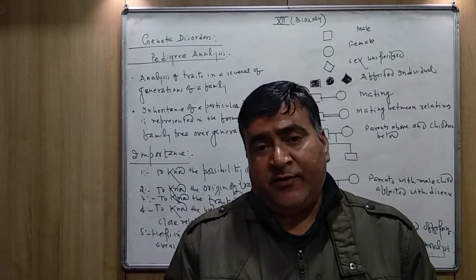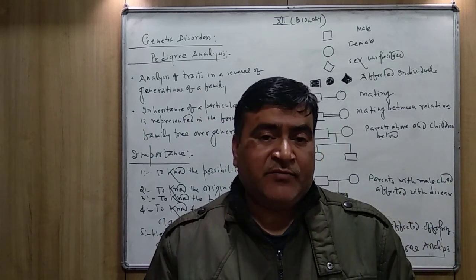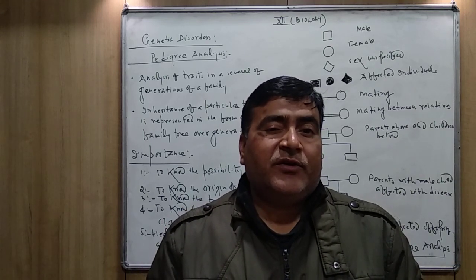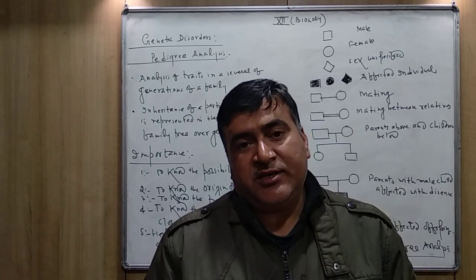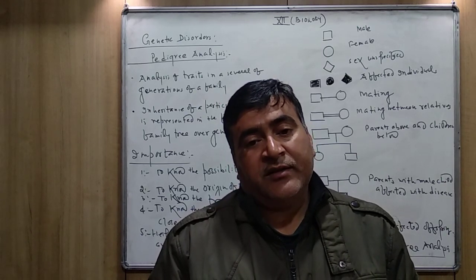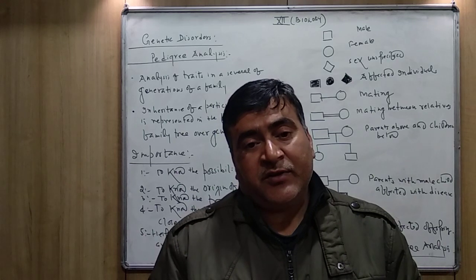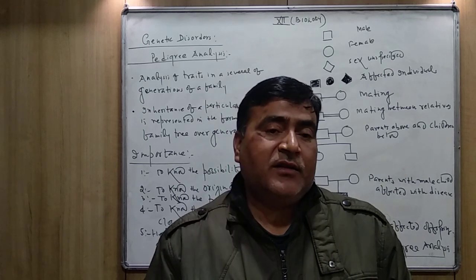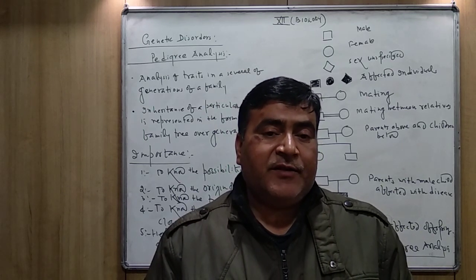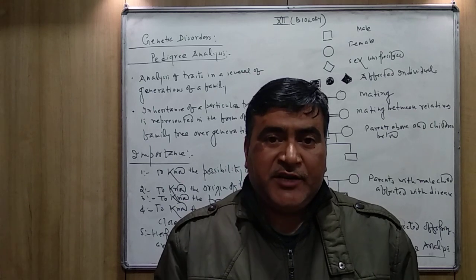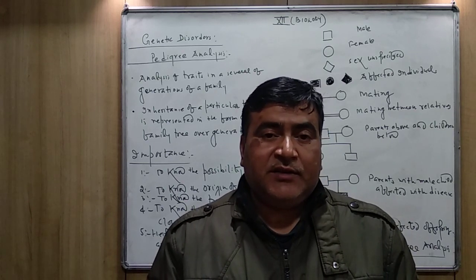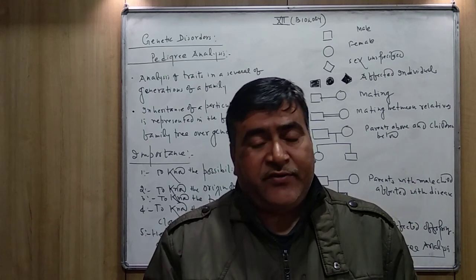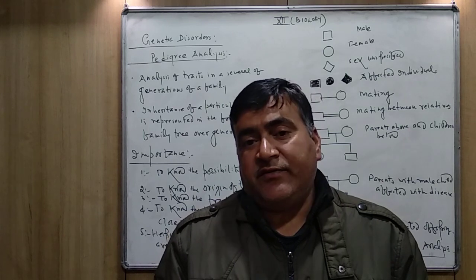Through the pedigree analysis, by making all these diagrams, we are able to know how the trait is running in the family, when it will appear, who will be the sufferer, whether it will be the male or the female. I will explain in this heading. So, a family tree, a diagram, is mandatory to make and to analyze the pattern of inheritance.